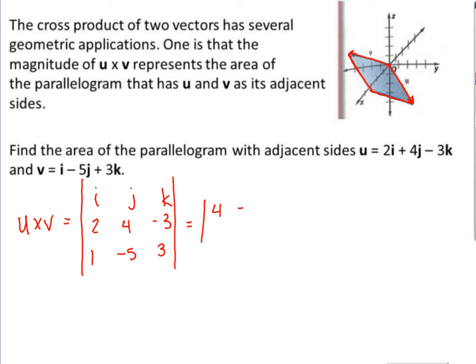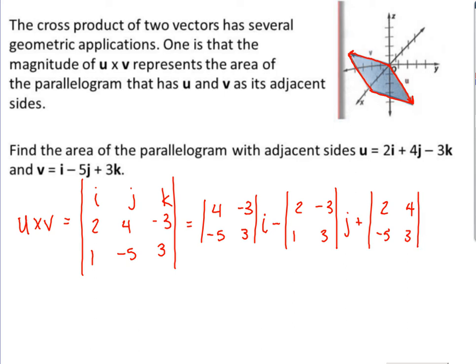we're going to have the determinant with 4, negative 3, negative 5 and 3 times vector i, minus 2, negative 3, 1, 3 times vector j, plus 2, 4, negative 5 and 3 times vector k.